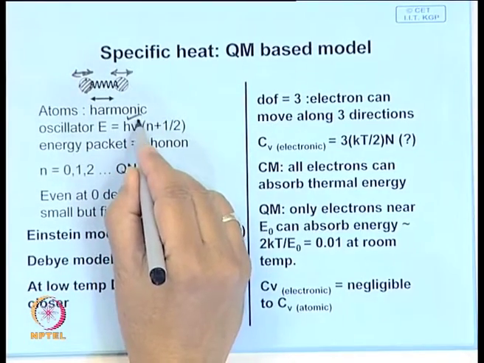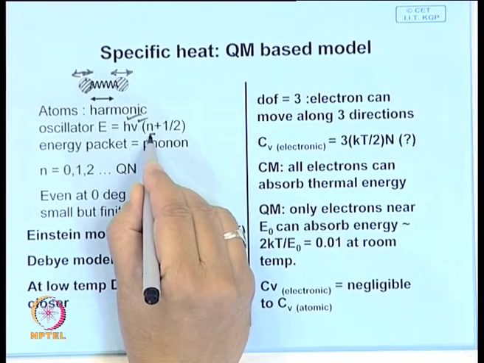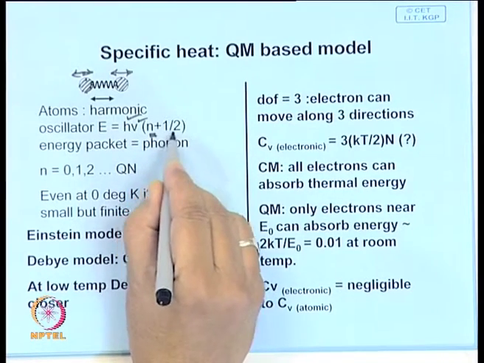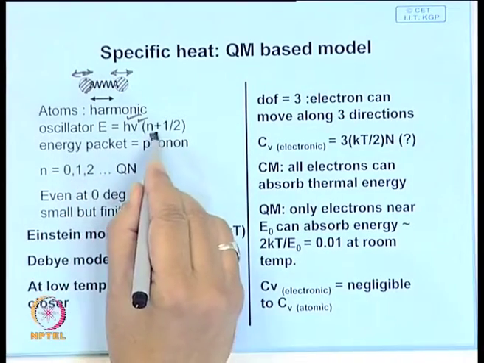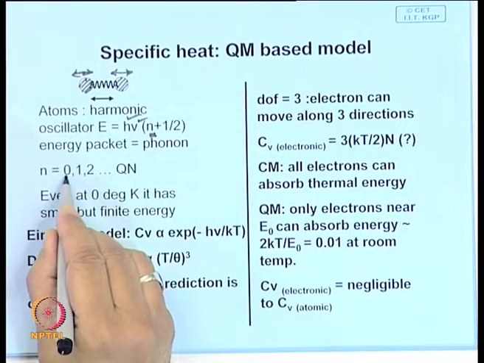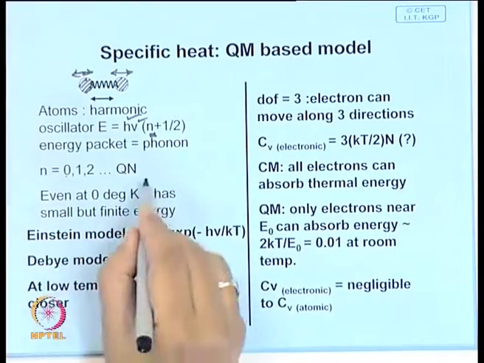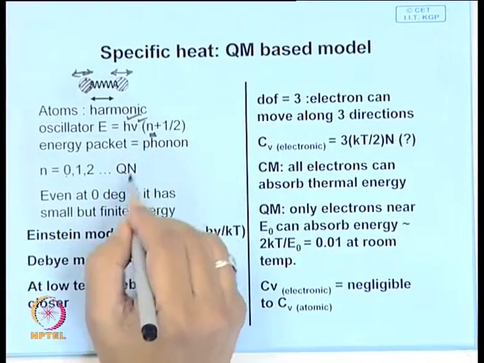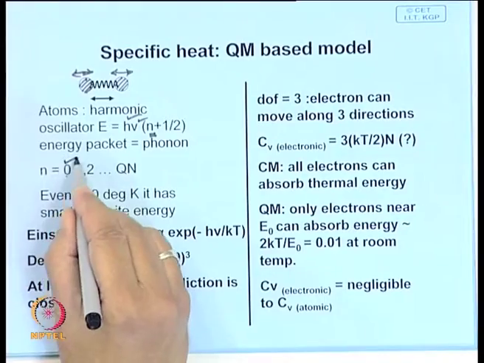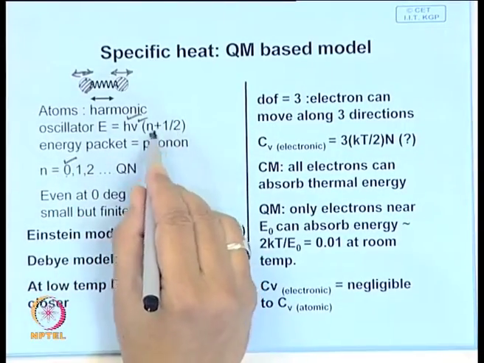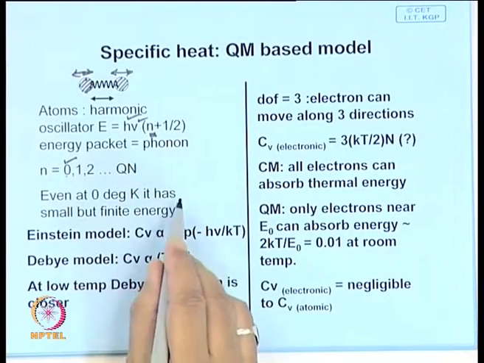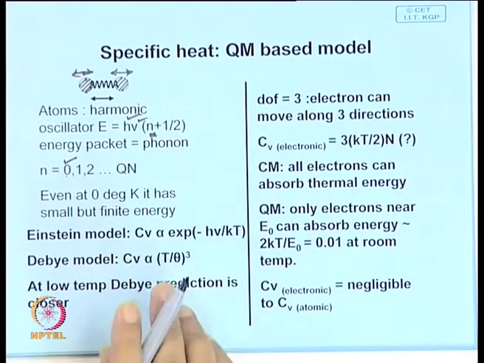This is Planck's constant, this is the frequency, and this is the quantum number, n plus half. So, one point which obviously comes up is that n is an integer, it can have 0, 1, 2. So, therefore, even when n is 0, that is at 0 degree Kelvin, the electrons will have small but some finite energy.